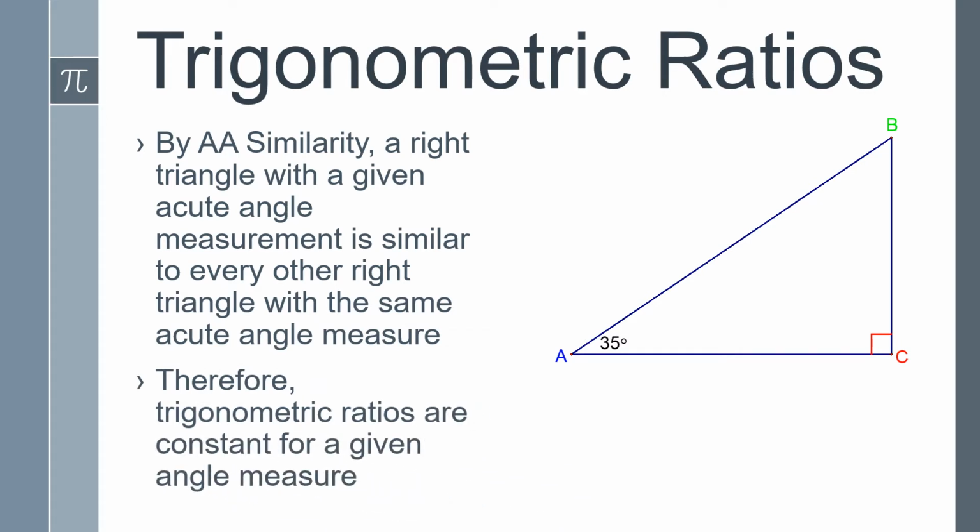Okay, so by angle-angle similarity, a right triangle with a given acute angle measurement is similar to every other right triangle with the same acute angle measurement. Therefore, trigonometric ratios are a constant for a given angle measure.